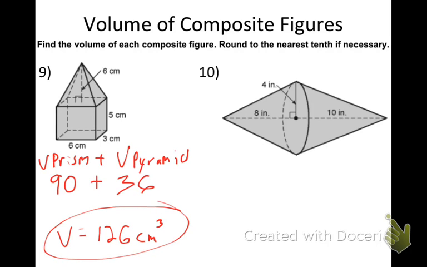Number 10, I have 2 cones. I need to find the volume of each cone. Austin, what's the volume of the left cone? 42.6 repeating? Is that right?